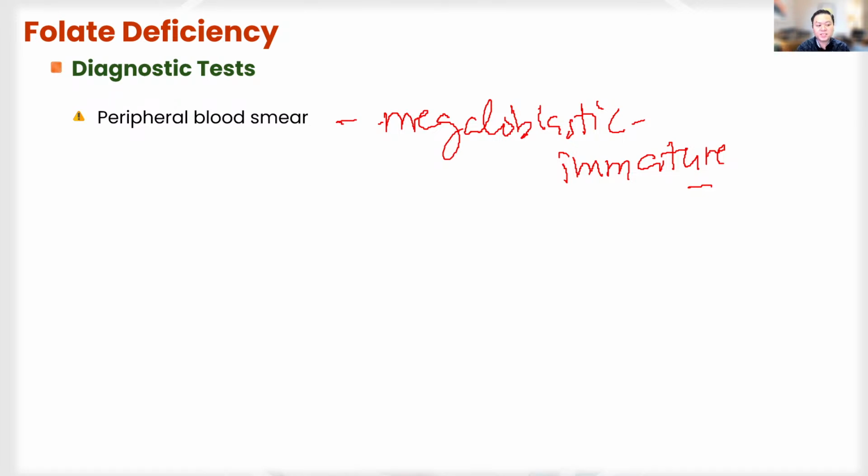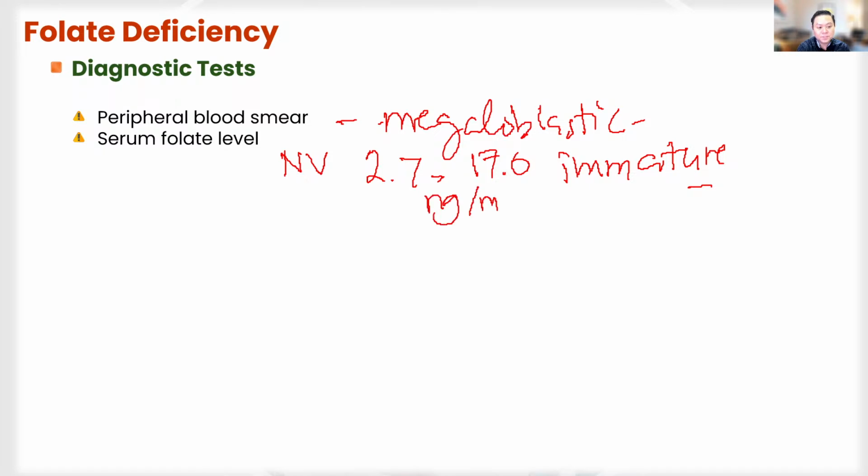Now we're also going to tackle the serum folate level. This is very important in order for us to identify the level of this vitamin. And in the adult, our normal range for the serum folate is about 2.7 to about 17.0 nanograms per ml. And on top of that, we're also going to need to check the homocysteine level.